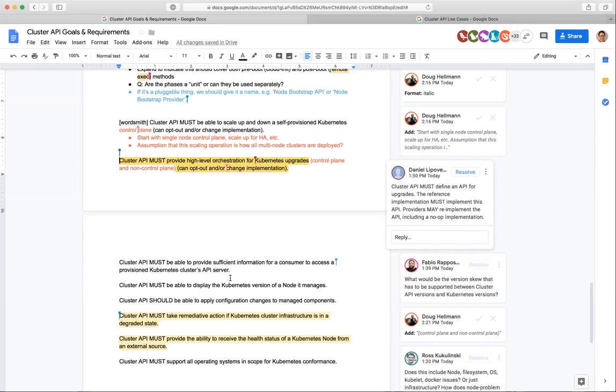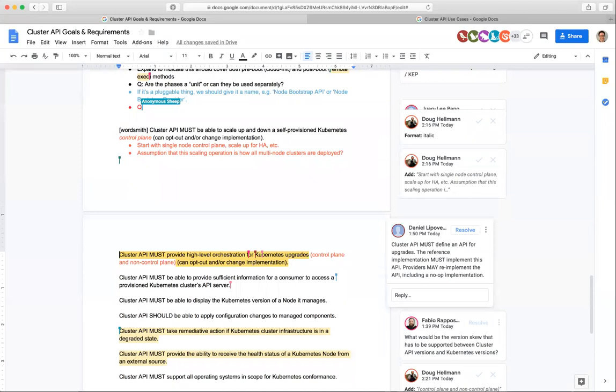I'm sorry, and this was the must provide high-level orchestration for kube upgrades? Yes. Is the orchestration at a level of desired state or mechanism? So I think this is going to be something like many of the items that are in here, we will be breaking up into groups to talk about implementation details.